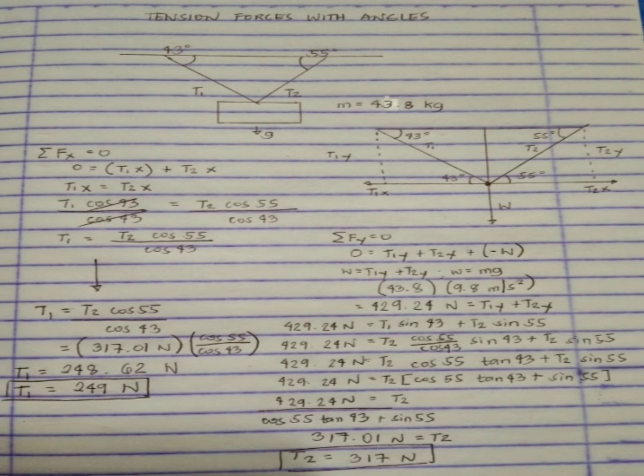Now, substitute the values. 43.8, which is our mass, and 9.8 meters per square second is our gravity.